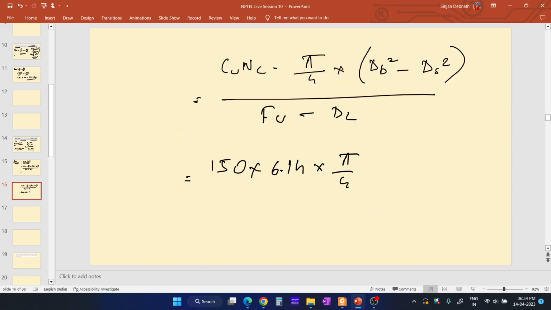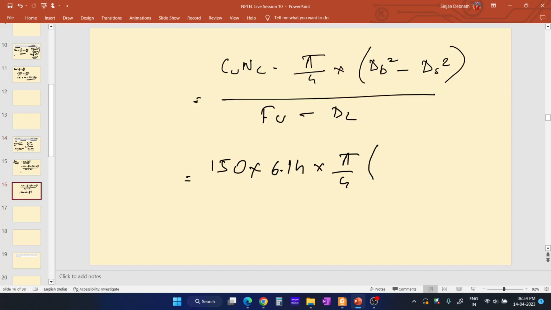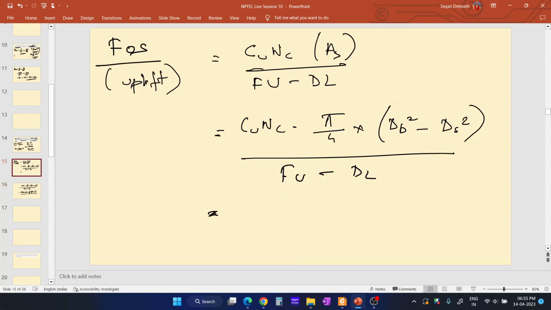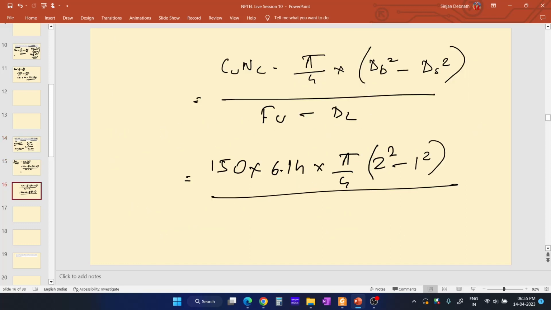Pi by 4 into dB square minus dS square: bell is 2 meter and shaft is 1 meter, so 2 square minus 1 square, divided by Fu minus dead load. Fu is the uplift force, 1375, and dead load is 600. So 1375 minus 600. Now if you calculate this, the factor of safety comes out to be around 2.8. So this is the factor of safety against uplift.